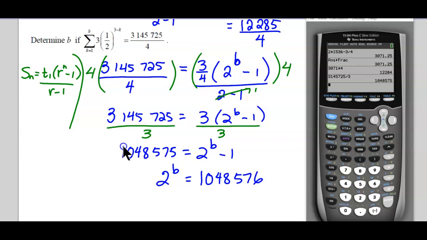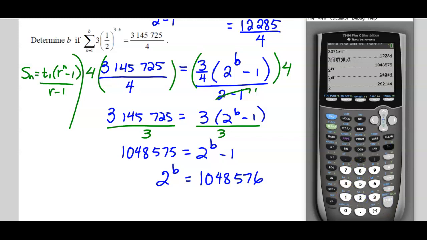Yes, you can use logs. You can also go, okay, I'm going to test out. I know the last question was 12, so let's go 14. Ooh, not even close, right? So, let's do 2 to the 18.